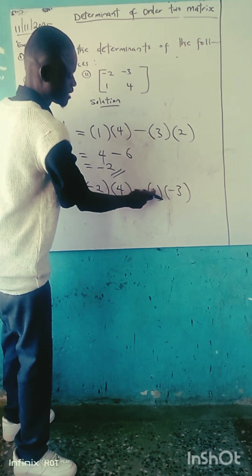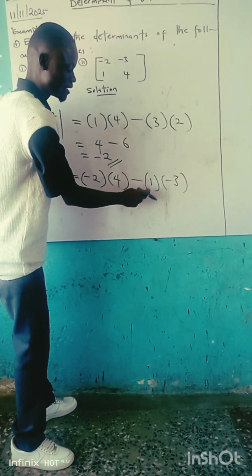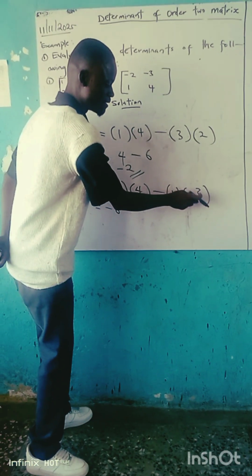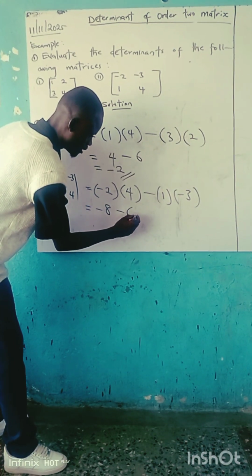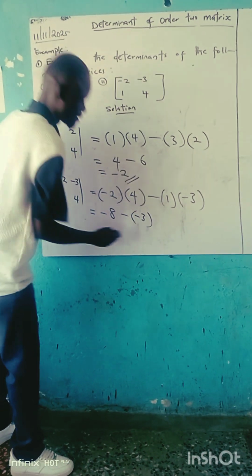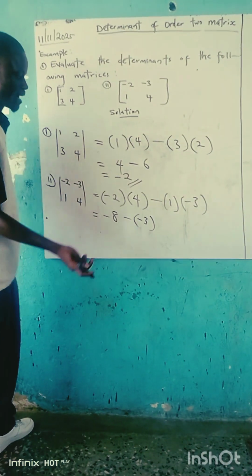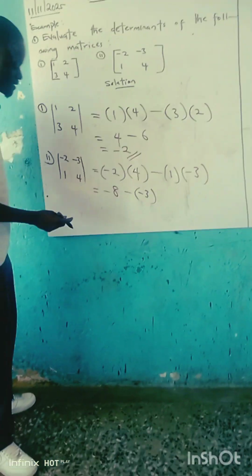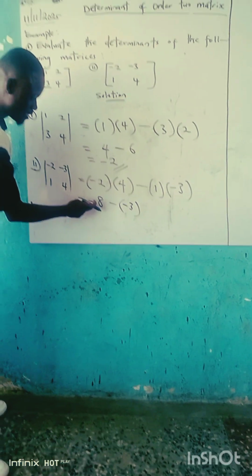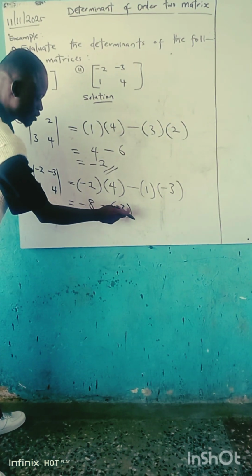Now this one is 1. Remember, you don't have anything, so it's a positive 1. 1 times minus 3, your answer will be equal to minus 3, because plus times minus is minus. That's why we have this minus here. So if that's the case, we have minus 8 minus minus 3.